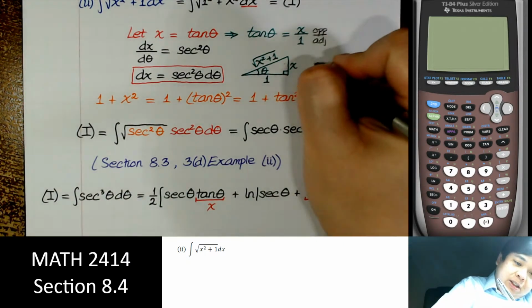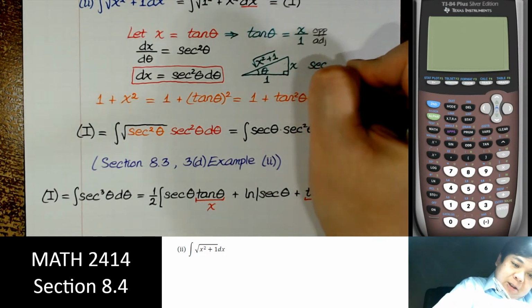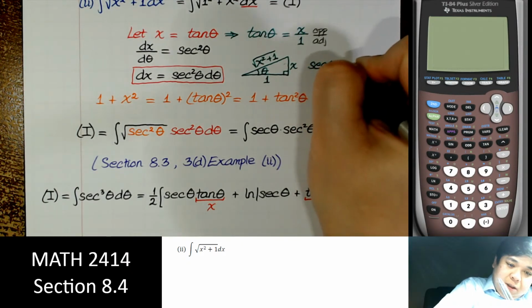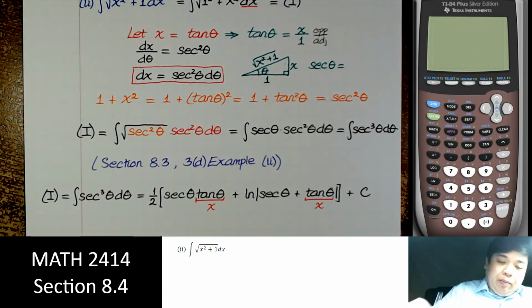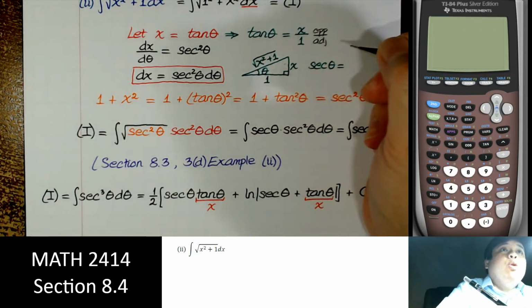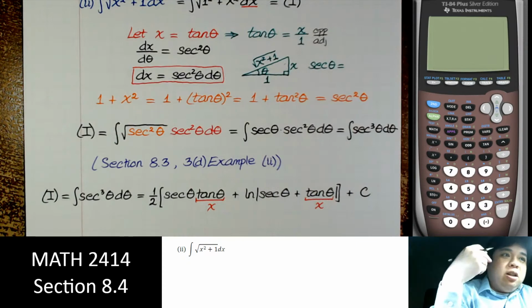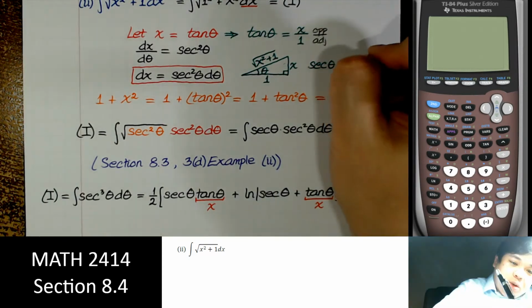And then secant will be the reciprocal of cosine. Cosine is adjacent over hypotenuse, so this will be hypotenuse over adjacent.